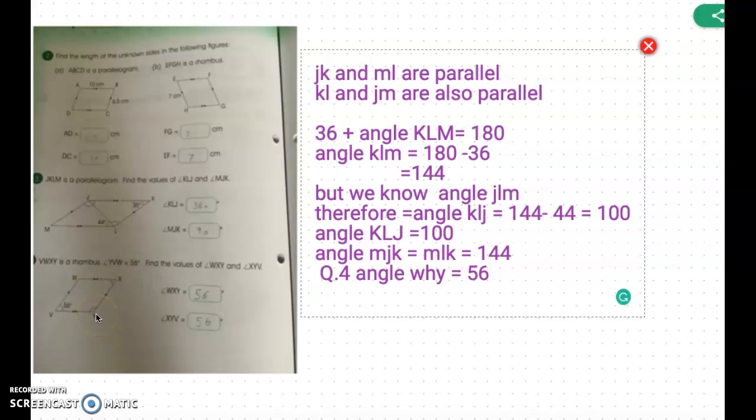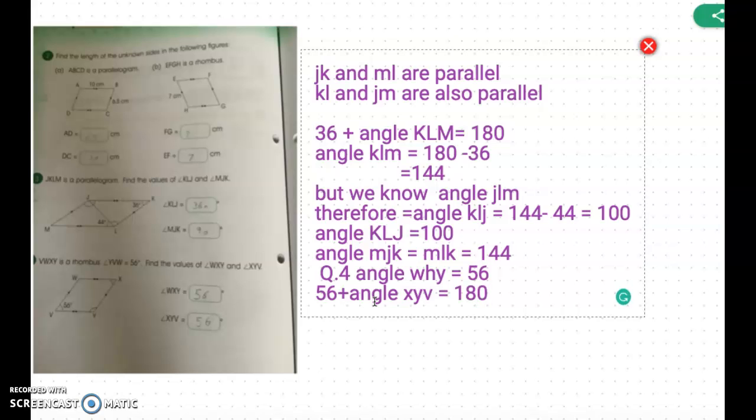And now the other one, angle XYV, this one. Now we know that this one plus this one will be equal to 180, because that's the angle between parallel sides. This is one parallel side, this is one parallel side, this angle; and this one parallel side, this angle. So the angle between parallel sides is equal to 180. That means 56 plus angle XYV is equal to 180.